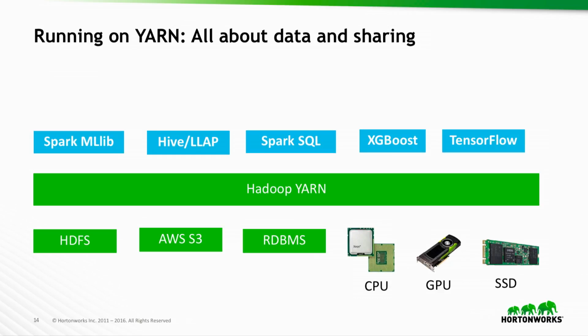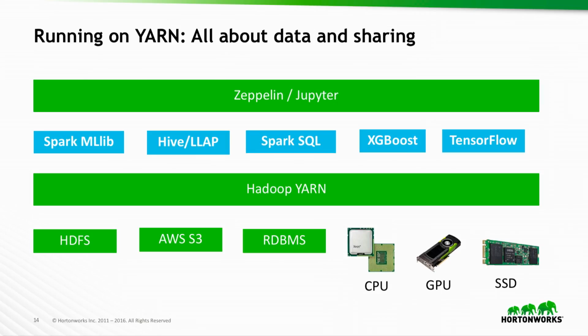Also, we can run machine learning workloads like Spark MLlib, XGBoost, and TensorFlow. And the data scientist can use Zeppelin or Jupyter to use all the underlying software to do the machine learning job.